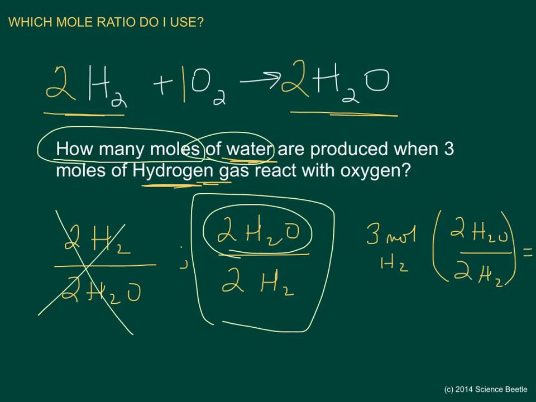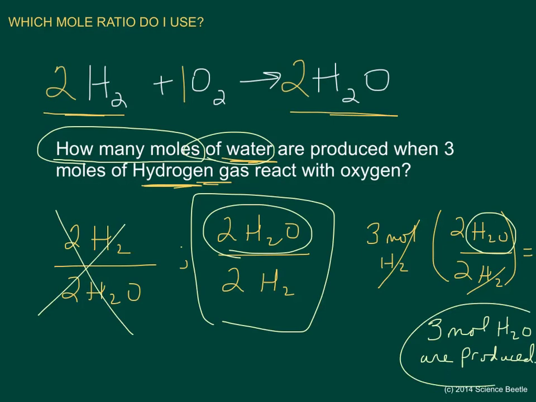And if you multiply that out, that should give you the answer that you need, because the moles of hydrogen cancel, and what you're left with in the numerator are the moles of water, which is what we're trying to find for this particular problem. Okay? So you can do the math. 3 times 2 divided by 2, the answer here is going to be 3 moles of H2O produced. And so this is your answer here.